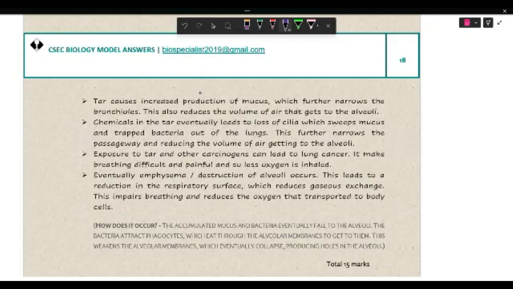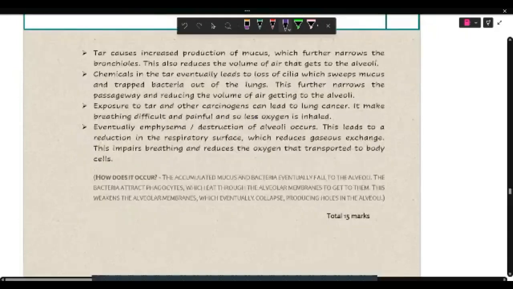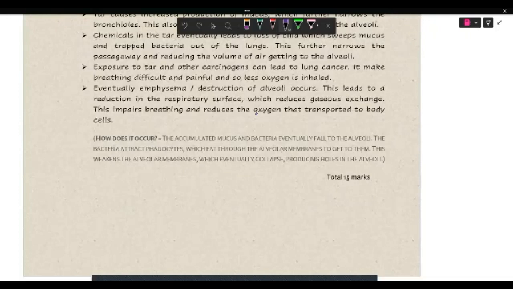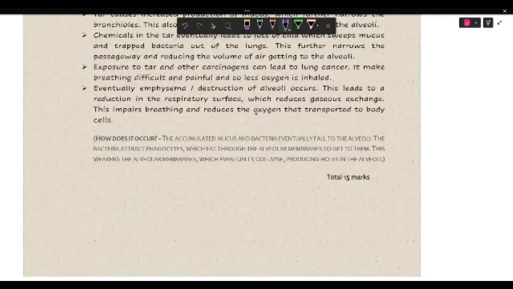And how does it occur? Well, that's a little explanation there, right? The mucus, the bacteria, remember that accumulated mucus and bacteria that wasn't getting swept out of the lungs? Well, it stays there and it eventually falls down to the alveoli itself. And the bacteria is going to attract phagocytes.